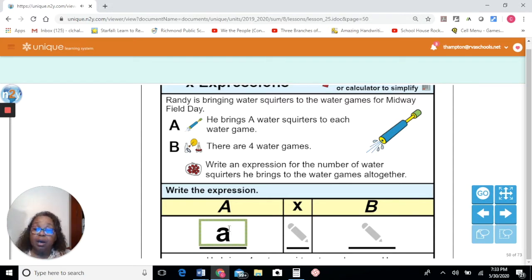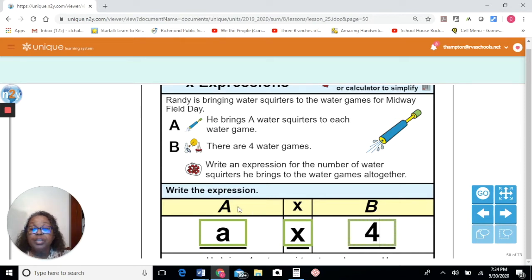That is the unknown. We put our multiplication sign in, and B, there are 4 water games. So we are able to substitute the number 4 for B because we already know what that is. So that's the first part of the expression. We've put in everything that we know.